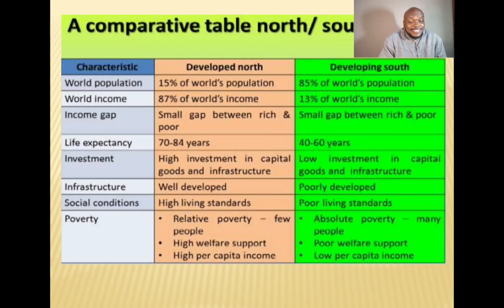Their life expectancy ranges from about 70 to 84 years. There are high investments, they're doing well economically, and they also have proper infrastructure. When it comes to social conditions, they have a high standard of living and relatively low poverty.